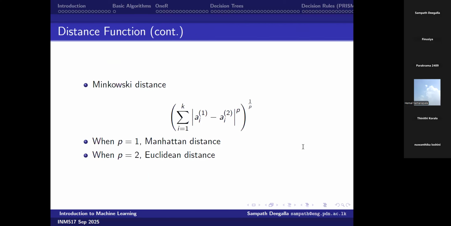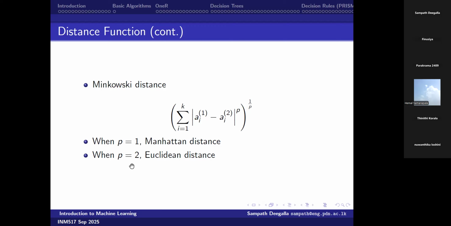Of course, you can generalize this measure, and it is called Minkowski distance. It looks like this: the sum of all the differences to the power of p, and then you take the 1 out of p. When p is 1, this maps to Manhattan distance, because it is 1 divided by 1, and you simply get the absolute value of the differences.